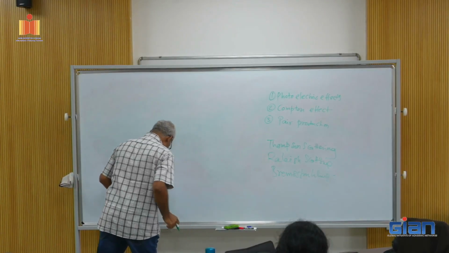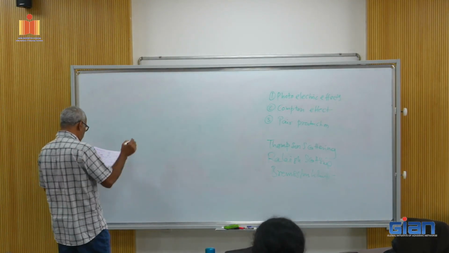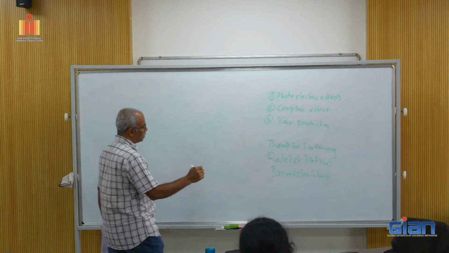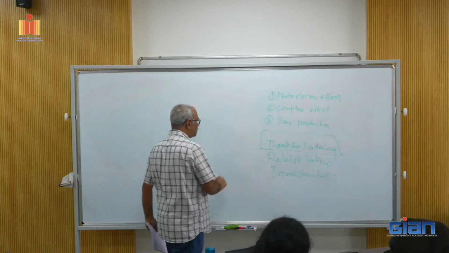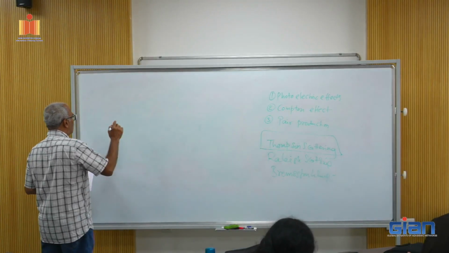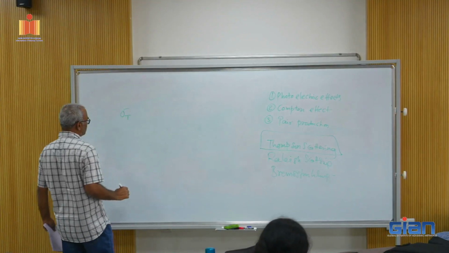Okay. So whenever a classical electromagnetic wave or photon hits an electron target, then you have this Thomson scattering. And I'll just illustrate the scattering cross section. T corresponds to Thomson.